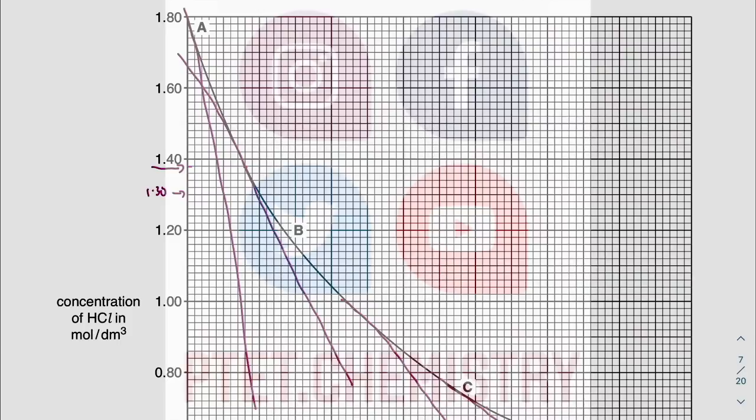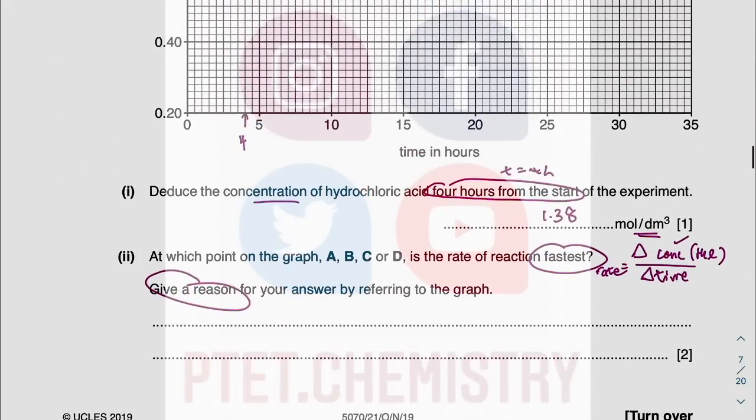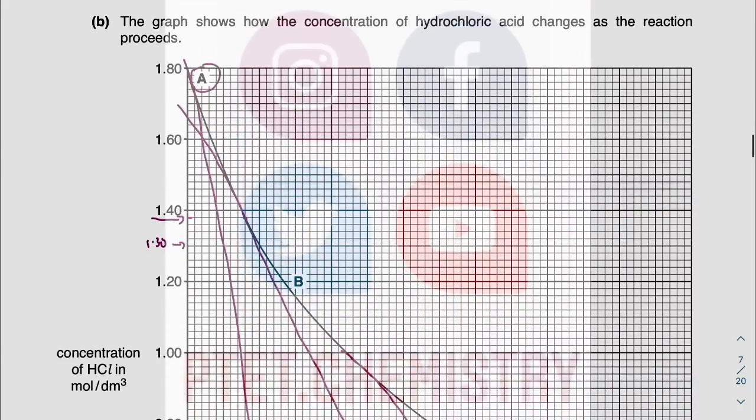If you compare these 4 lines, 1, 2, 3, 4, the rate of reaction is the fastest here because it's the steepest. There is the biggest change in the volume, concentration over time. Okay, it's to do with the gradient. So it's to do with A.